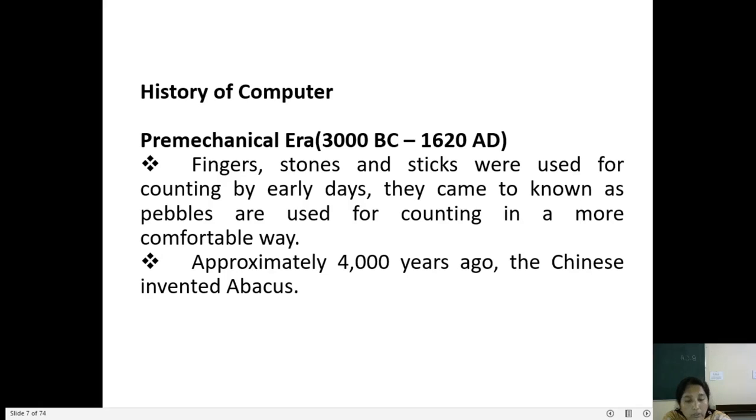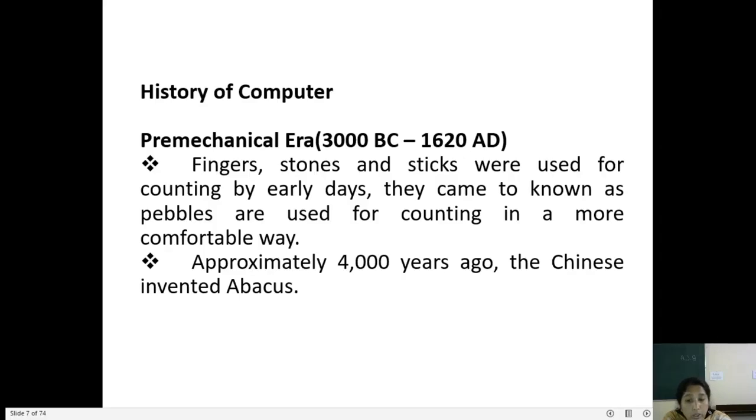They worked from morning to evening in certain occupations. At that time illiteracy was more and education was less, but the working knowledge was fantastic. They used concepts like fingers, stones, and sticks for counting, and they were using pebbles also.